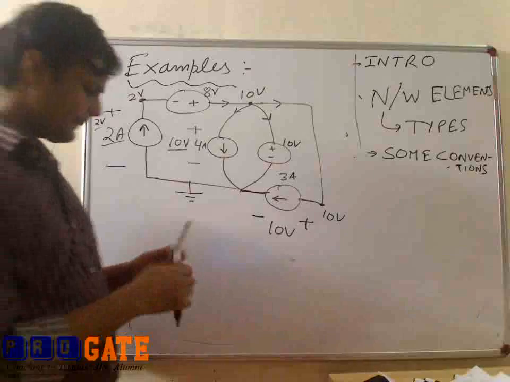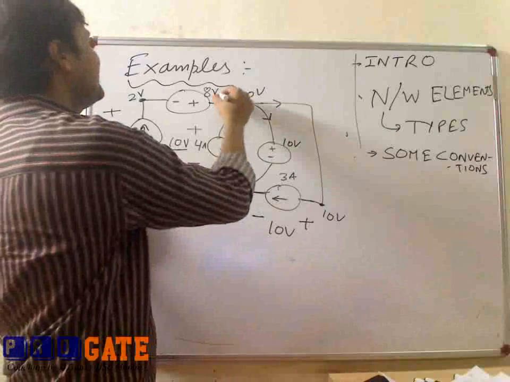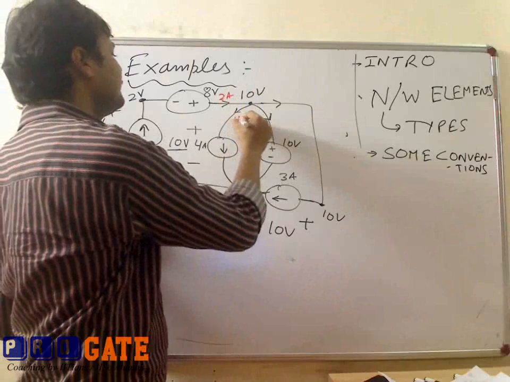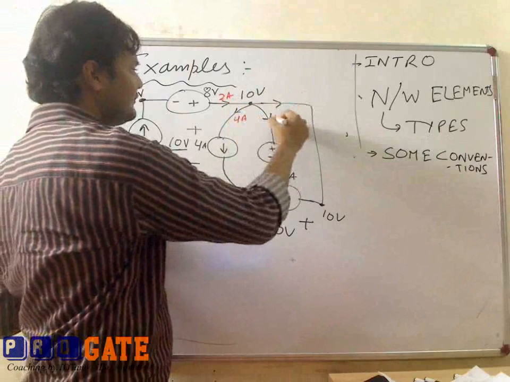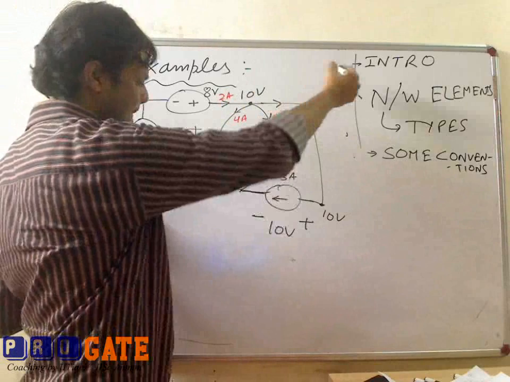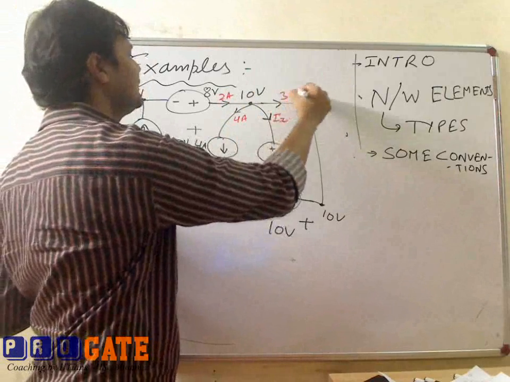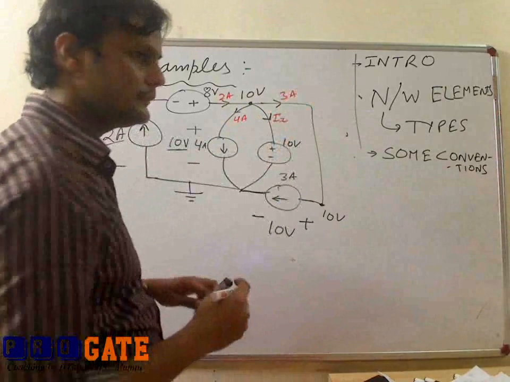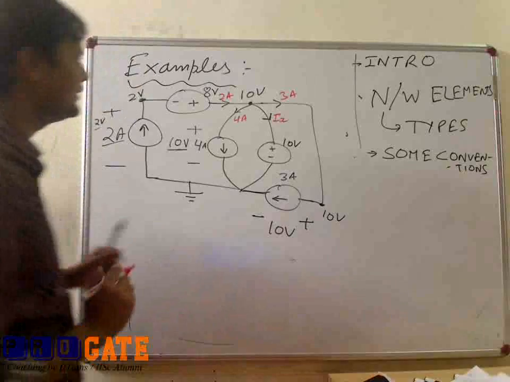So this current is of 2 ampere, this is of 4 ampere, this we don't know, and this is of 3 ampere. So what should be Ix flowing from here?